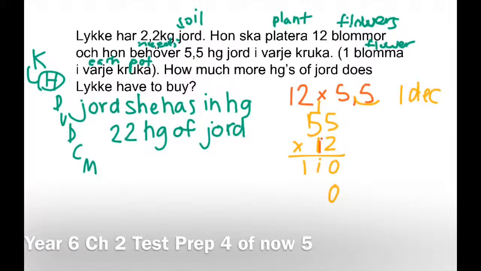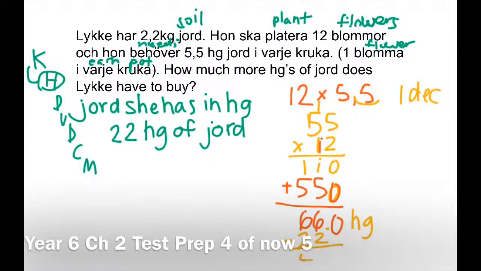And then 1 times 5 is 5. 1 times 5 is 5. Add those up, and we get 0, 6, 6. And then we put this 1 decimal place back in. That's 66 hectograms that she needs altogether, but she already had 22. So that means she needs 44 more hectograms of jord.